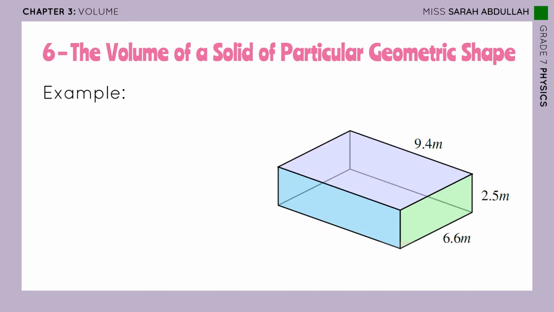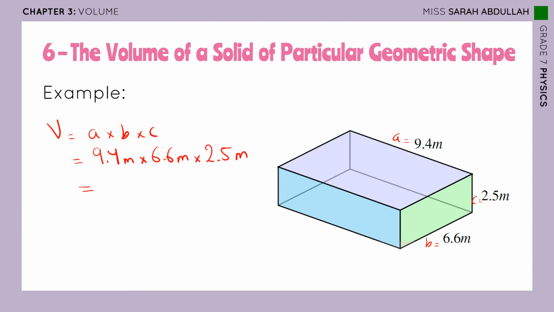Let's have an example. We have this rectangular prism with three different values. This is A, this is B, and this is C. How can I find the volume? Volume equals A times B times C. So it is 9.4 meters times 6.6 meters times 2.5 meters.